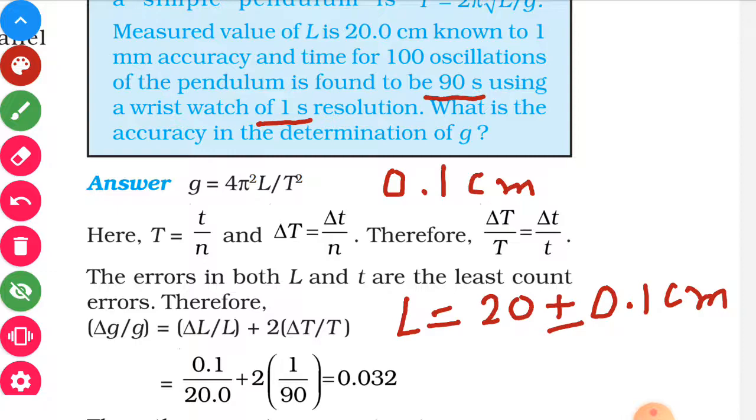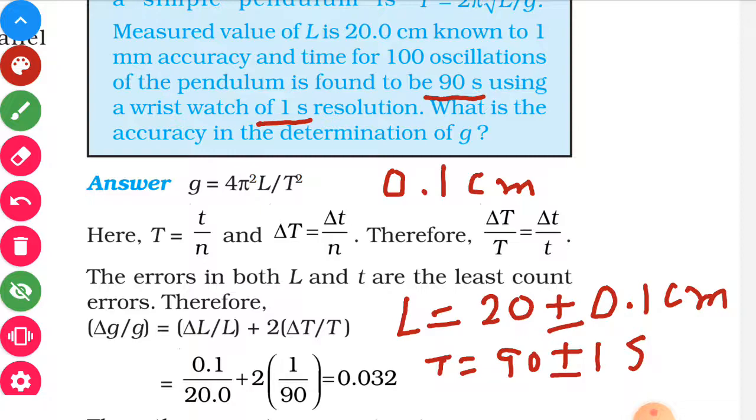So the resolution is up to 1 second, and your measurement of time for these 100 oscillations will be 90 plus or minus 1 second. Now, what is the accuracy in determination of g?